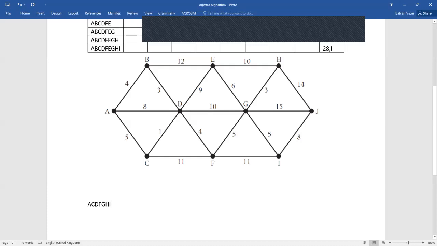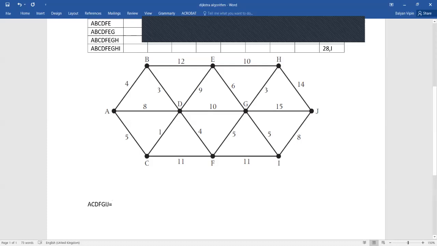You will not remove anything here. So you will go from G to I, and you will remove H. So that will be your I, and then where do you want to reach? J.